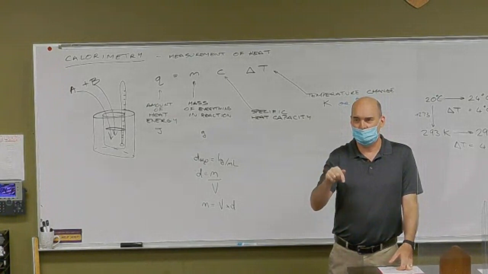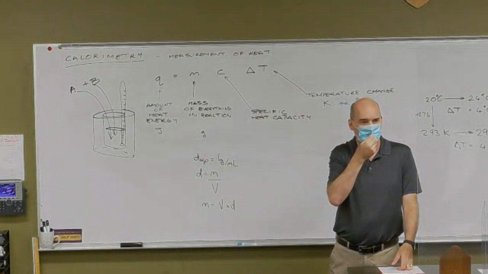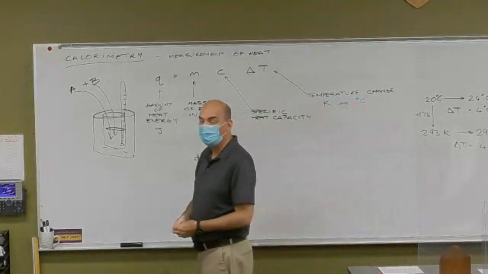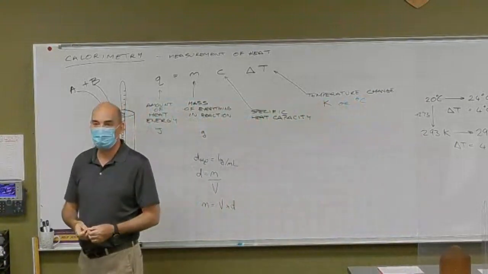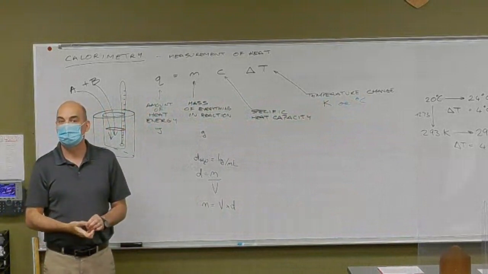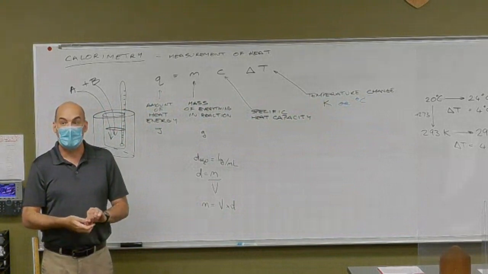But the brown Salisbury steak is still cold. That's heat capacity. That the potatoes accepted heat a lot more readily than the protein did. It's just heat capacity. How good are you at holding on to heat? That's all this is.